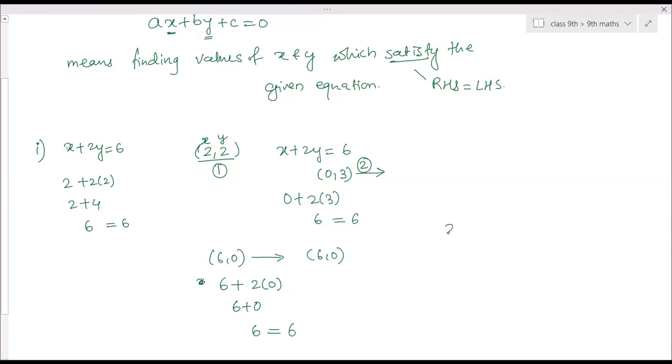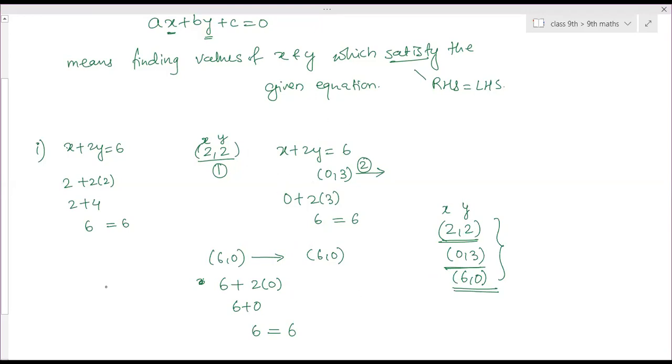So how many solutions have we got right now? 2, 2; 0, 3; 6, 0. These are different values of x and y which, when substituted in this equation, satisfy it. So these are all solutions of the equation. There are many more; we can find infinitely many x and y values which satisfy this equation.